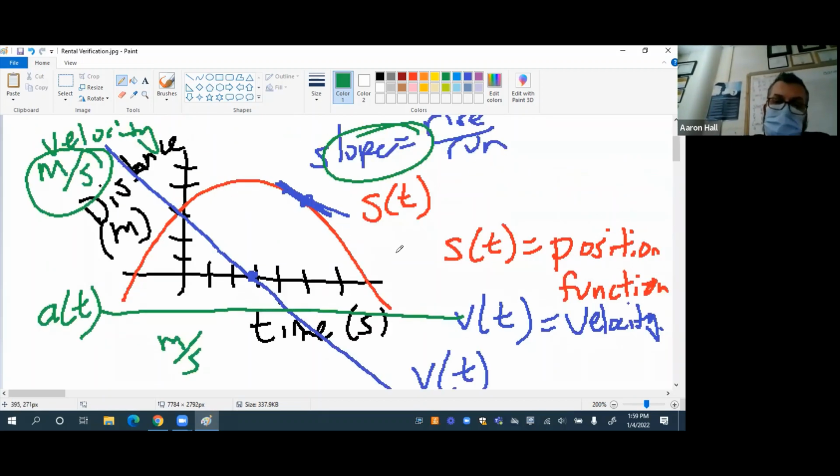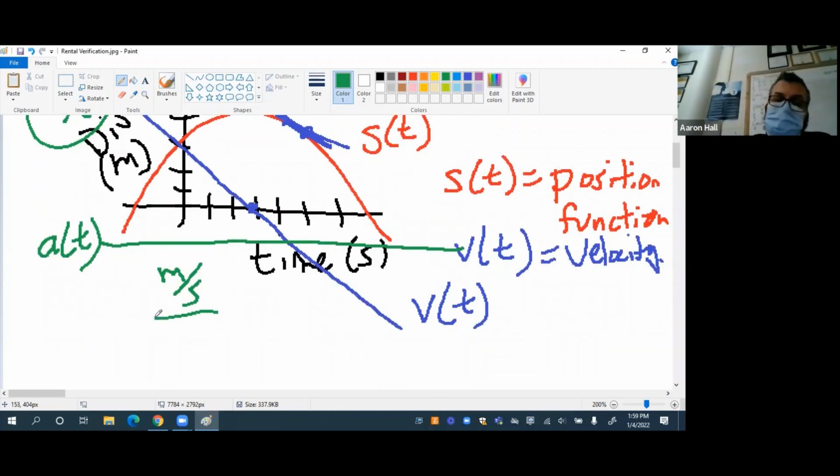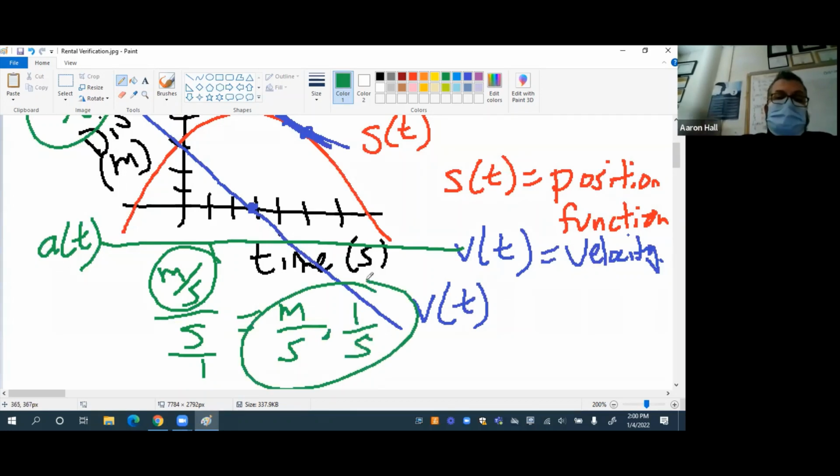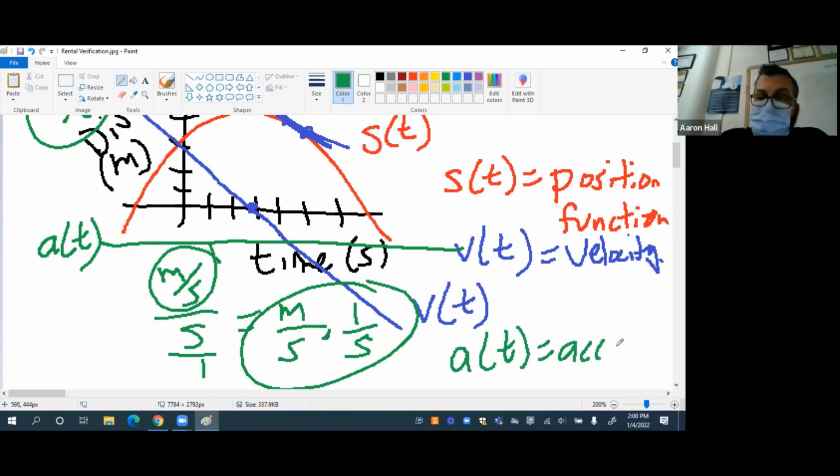What's my run? My run is seconds, and seconds is the same thing as seconds over 1. When we divide by fractions, here's a tip: keep, change, flip. So I have meters per second times 1 over seconds. What does that give me? Meters per second squared, which is what? Acceleration. So my a of t is acceleration.